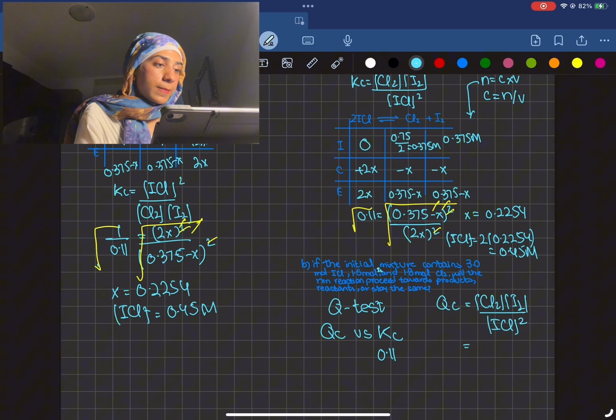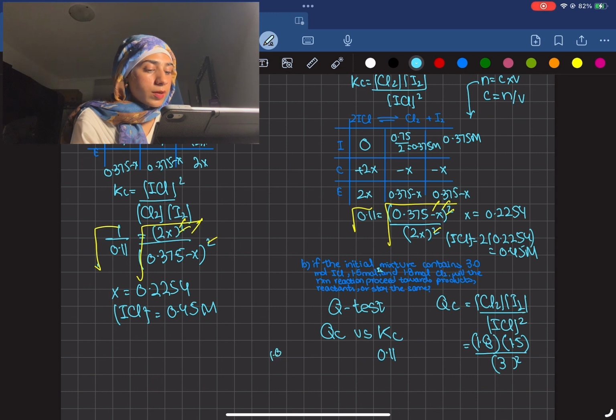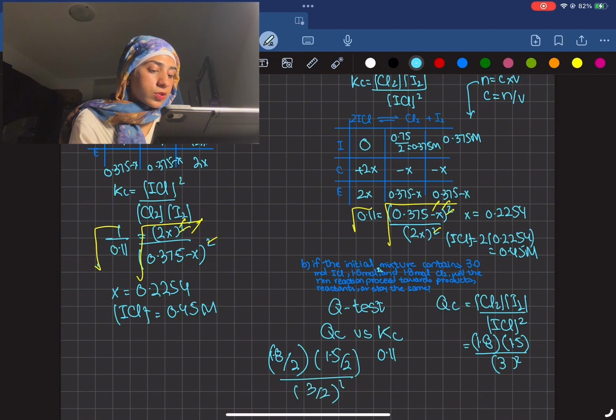So my concentration of Cl2 is 1.8, which is similar to the moles of Cl2 I've been provided with, I2 would be 1.5, and ICl would be 3, and then whole squared. You could either write 1.8 divided by 2, and then 1.5 divided by 2, and then 3 divided by 2 whole squared.